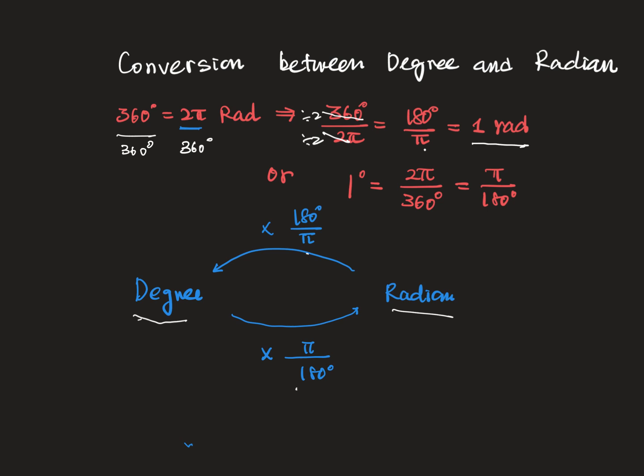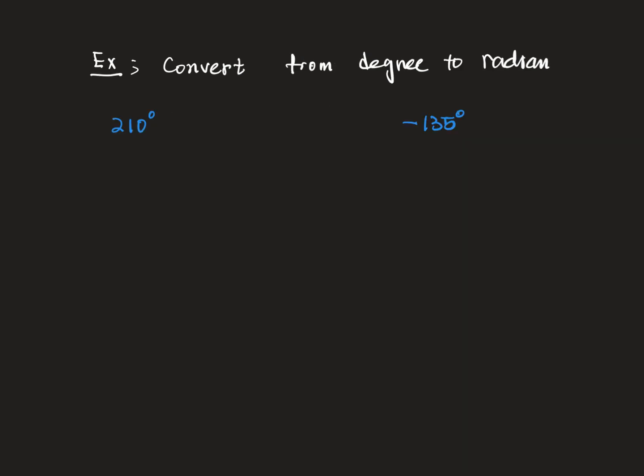Let's practice a couple of them. So I give this one in degrees, then we're going to convert to radians. So 210 times pi over 180. That's how you find the radian. So this one is 210 pi over 180.